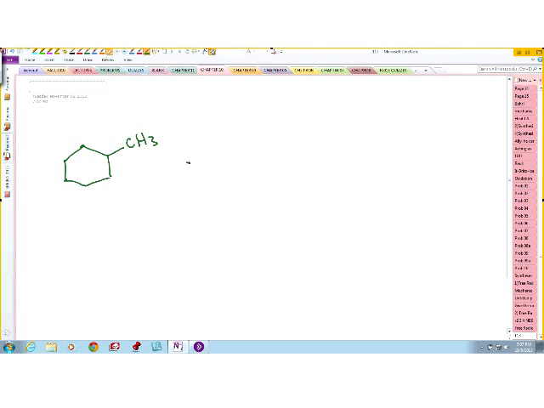You may not be able to answer this question yet. I ask you, NBS is reacting with this molecule here, and I say give me the major product for this reaction.